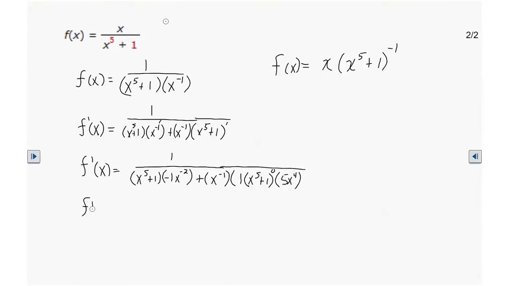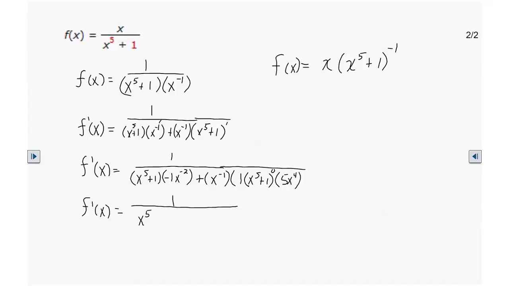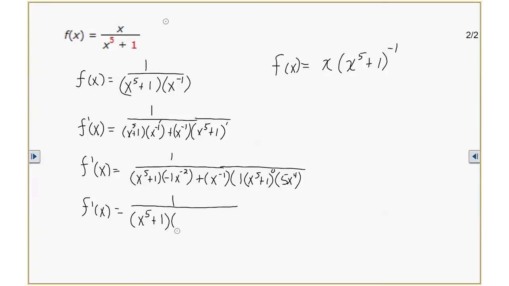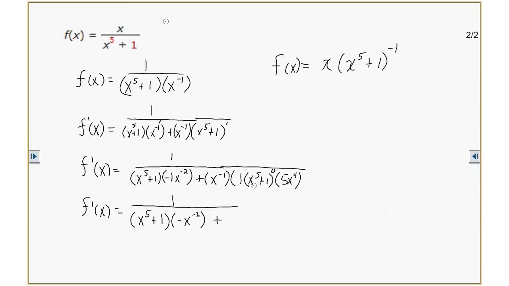F prime of x is equal to 1 over, and then this is going to be x. I'm going to distribute that x to the negative 2 through here, so I'm going to rewrite it: x to the 5th plus 1, negative x to the negative 2, plus, well, what is anything raised to the 0 power?